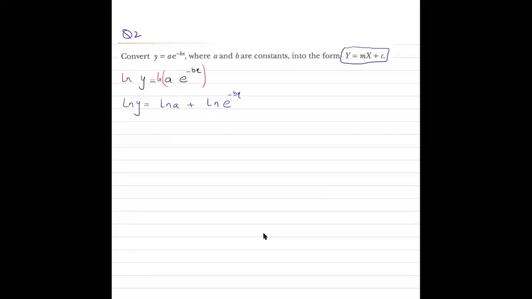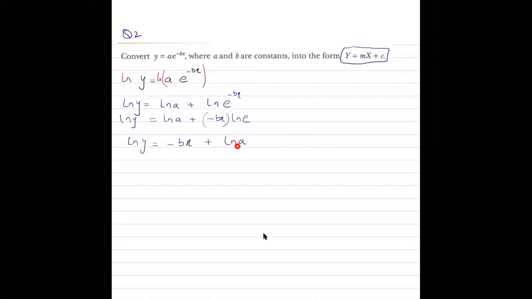So, how do you plan on rearranging? What can you do about this power? So you can bring it in front. That is going to give you minus bx times ln e. What is ln e? Ln e is 1. So I'm going to write minus bx over here and ln a over here.